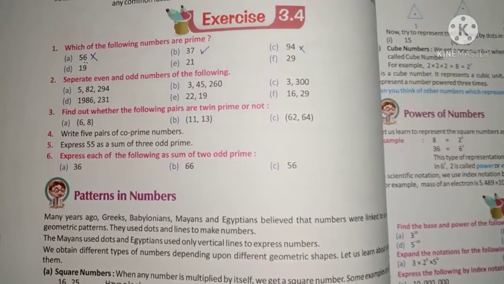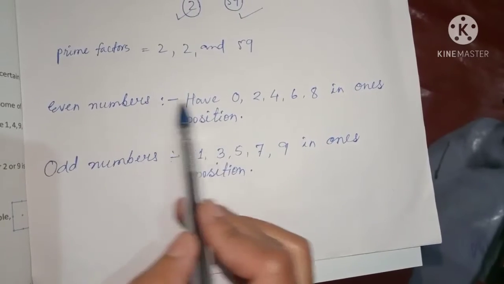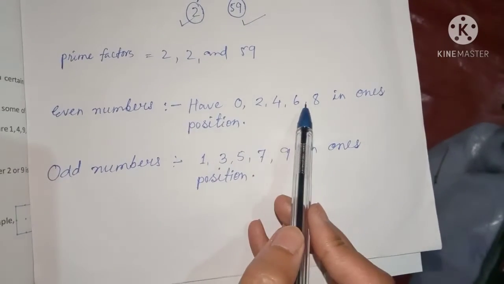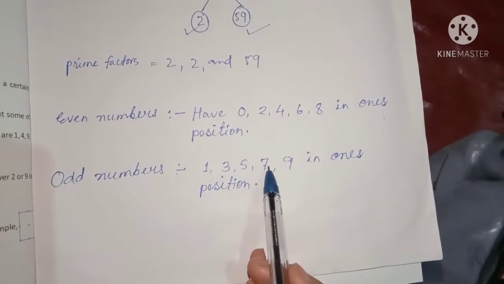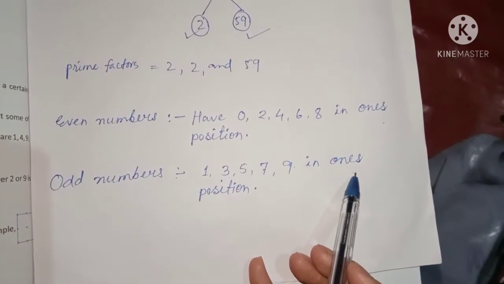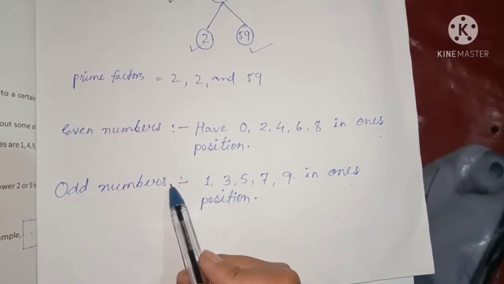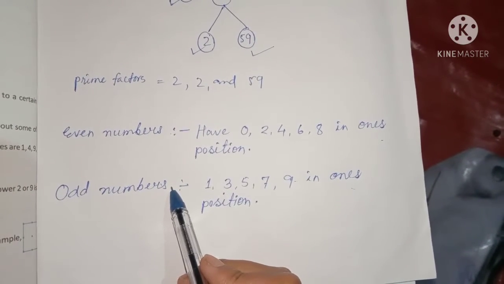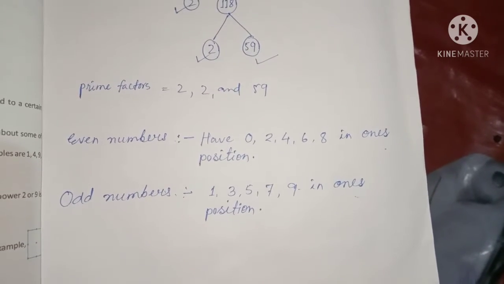I am repeating again. So even numbers have 0, 2, 4, 6, 8 in the ones position, and odd numbers have 1, 3, 5, 7 and 9 in the ones position. By using these two methods, we will separate the even and odd numbers in question number 2. Okay, so let's start.